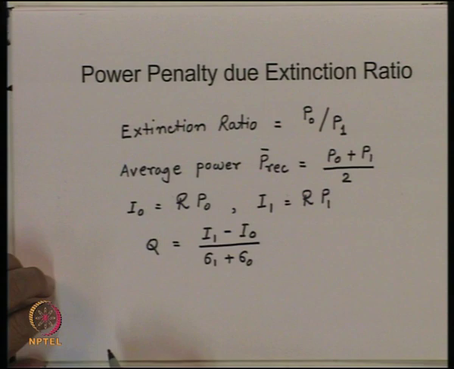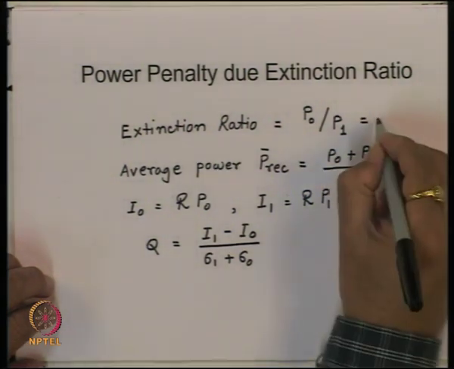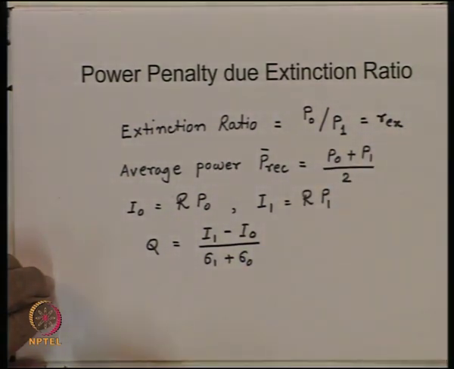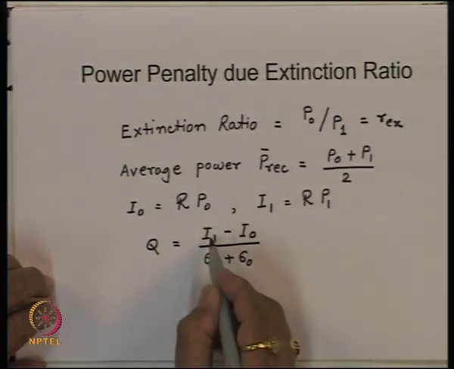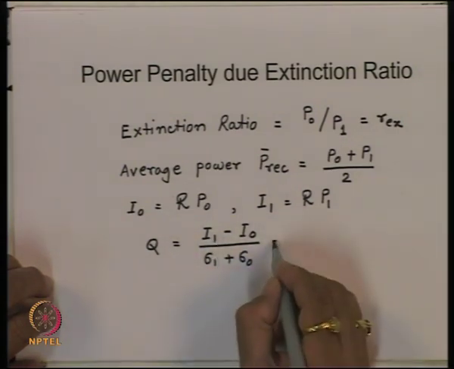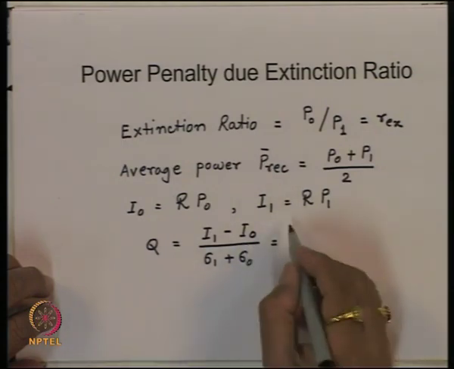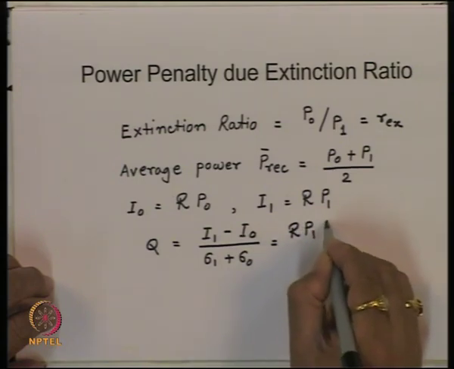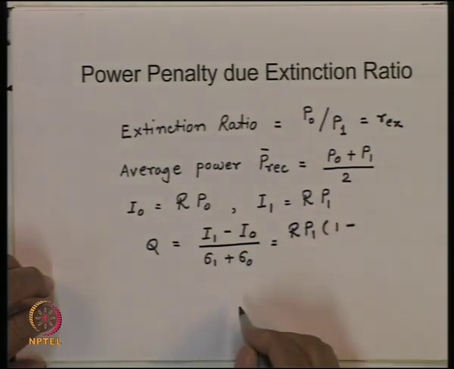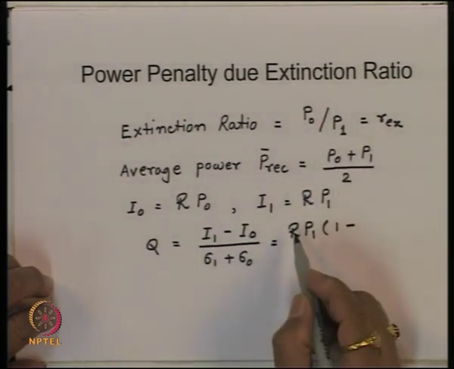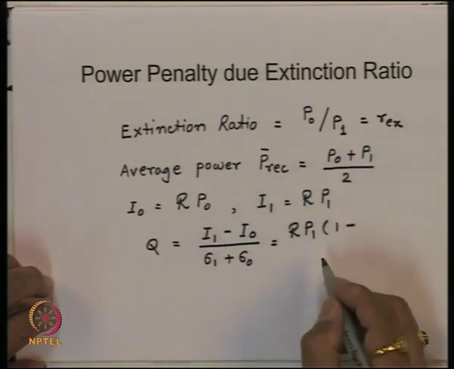So, let us say this quantity is denoted by R extinction ratio, REX. So, I can now take this quantity I1 common. So, this can be written as I1, which is R into P1, so this is responsivity into P1 into 1 minus I0 divided by I1, which is proportional to P0 divided by P1. So, that is equal to REX.